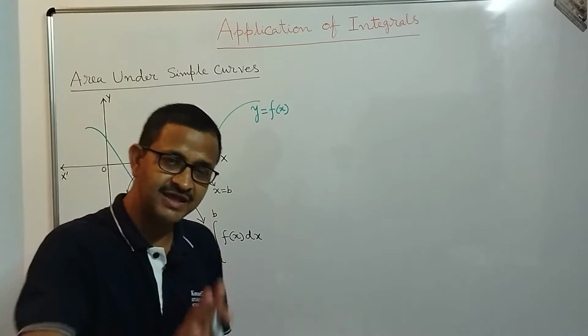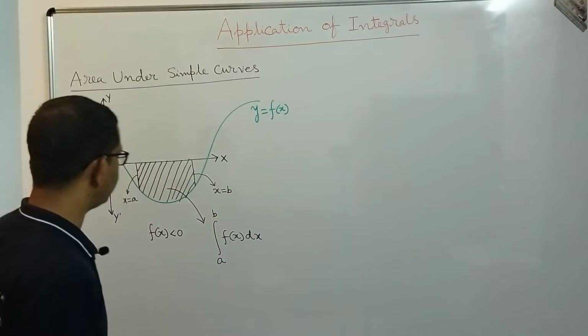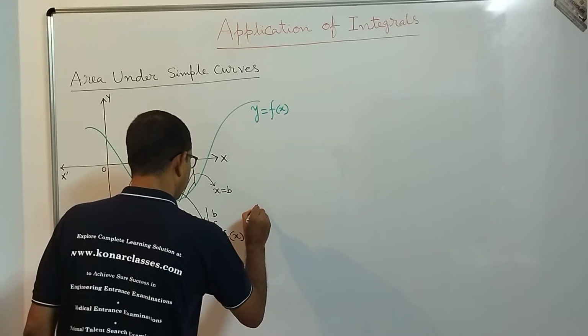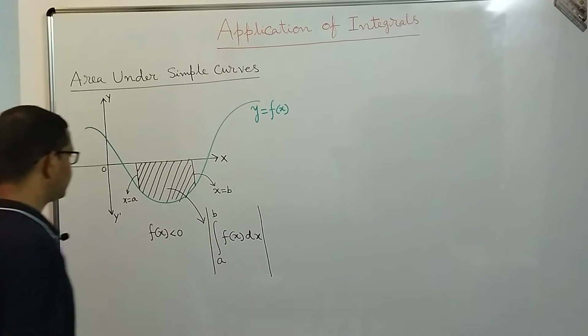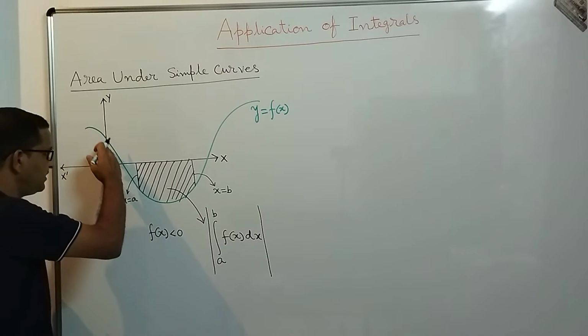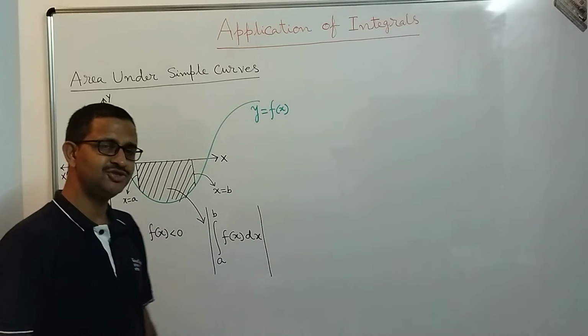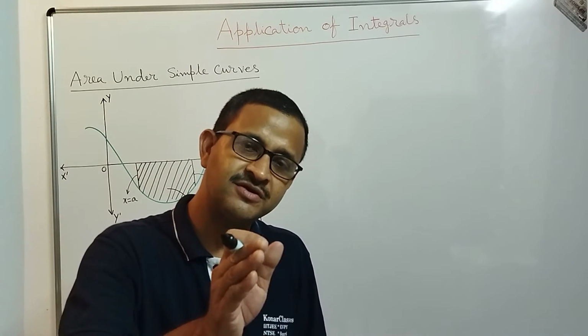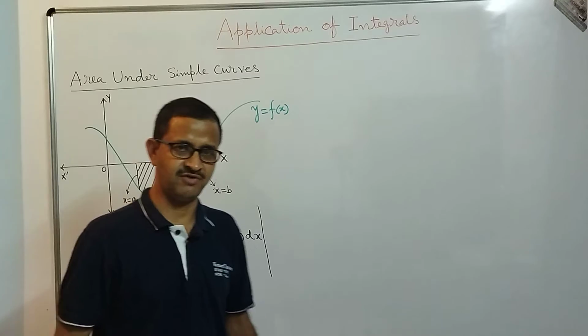But as it is area, we should always consider the positive value. And how to get a positive value from a negative one? Just put a mod. So whenever the area bounded by a curve comes out negative, you please consider the positive value, not the negative value.